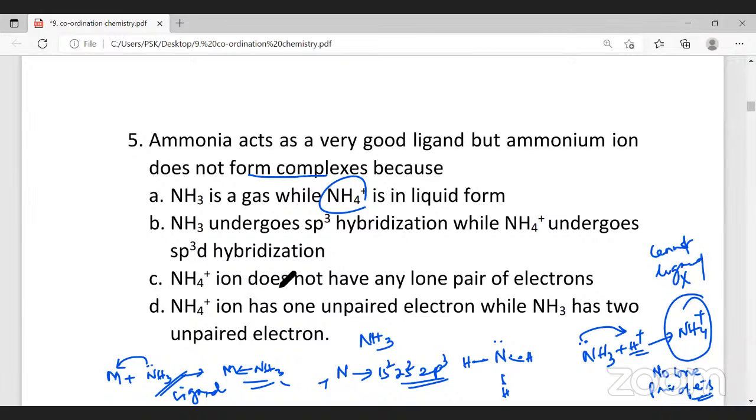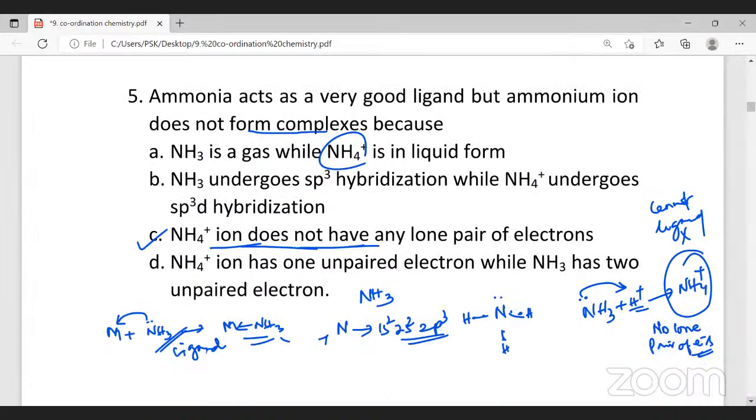Hence, the answer for this question is that ammonium ion does not have any lone pair of electrons. Therefore, it does not behave like a ligand. It does not form a coordination compound, or it does not form a complex. So the answer is option C. Followed, students?